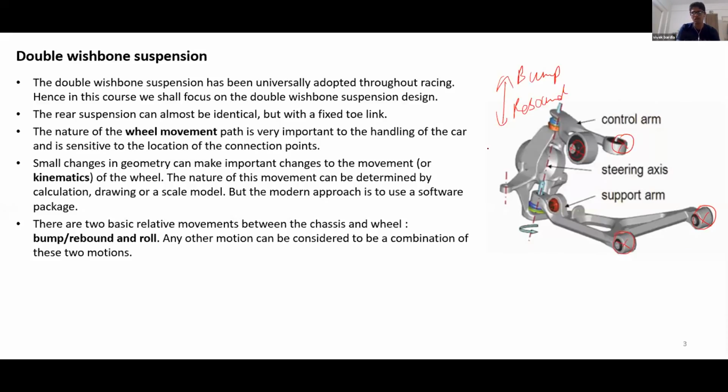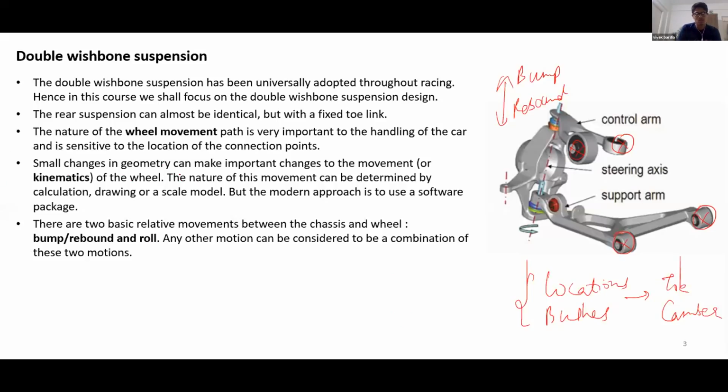So to control the toe and camber behavior, we would like to optimize the locations as well as the bushes, right? So what would be the best locations and bushes to get the optimum toe and camber of the suspension? This would be our focus: to optimize the toe and camber by varying the location of the attachment point of the arms to the chassis, right?